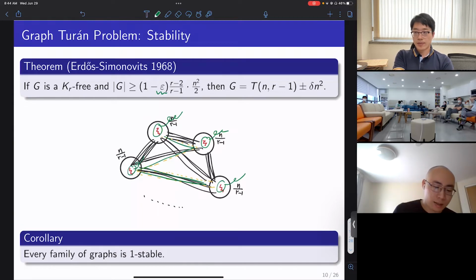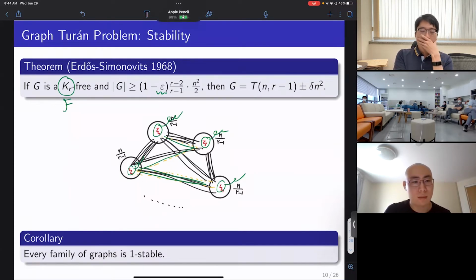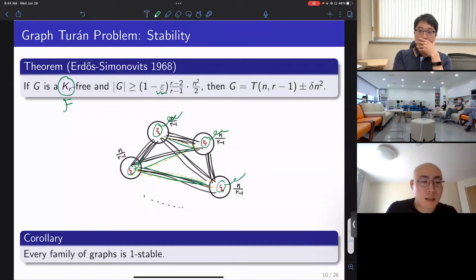So in fact, you can replace this K_r by any family F. In general, you can do it for any family F. So a natural corollary of this stability result is any family of graphs is one-stable. So what do I mean by one?